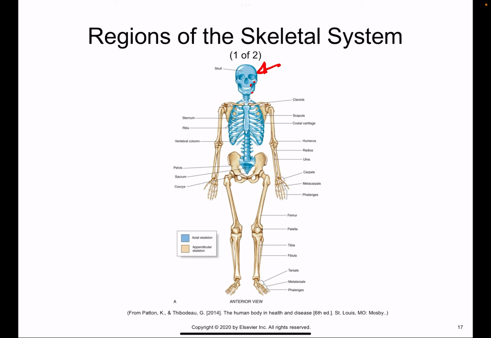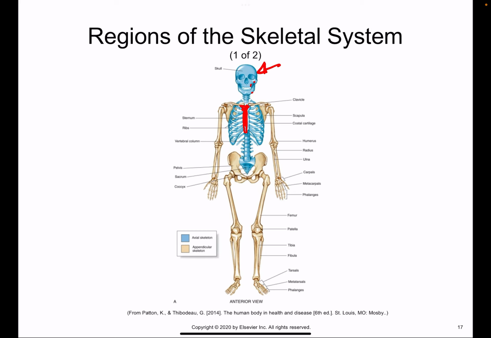And the options are manubrium, sternum, humerus, and maybe let's say your femur, right? Of course, if you know the word manubrium and you know that the manubrium is this part of the sternum, you might say that, but that's not what they're looking for, because they asked for the region, which is the entirety of the sternum. Just an FYI.